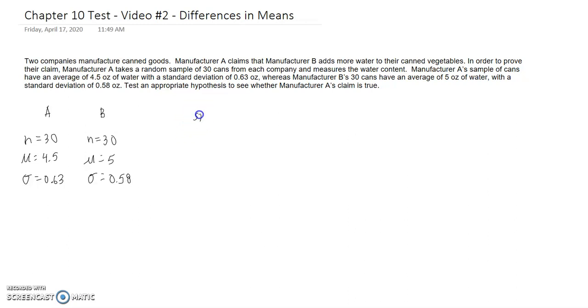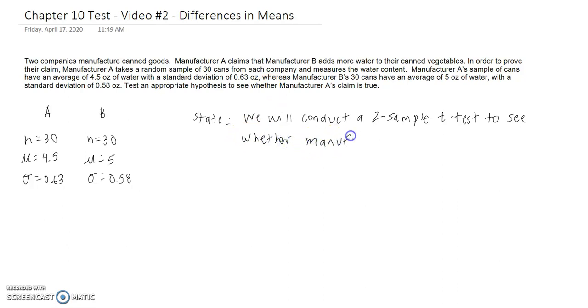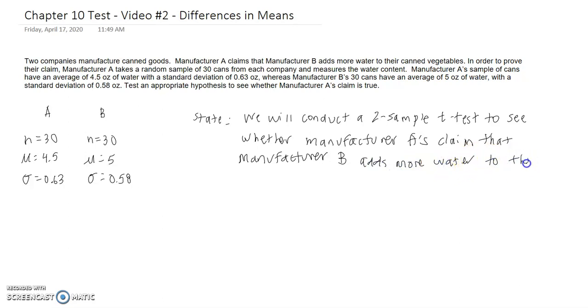So following our state, plan, do, conclude method, we're going to state that we will conduct a two-sample t-test to see whether manufacturer A's claim that manufacturer B adds more water to their canned goods is true.